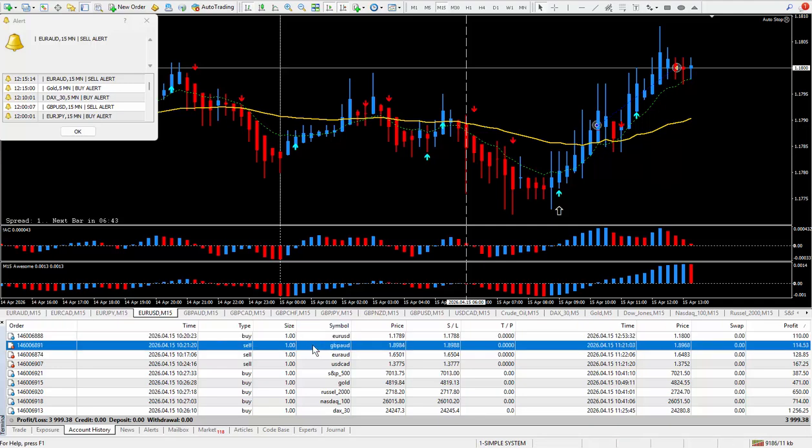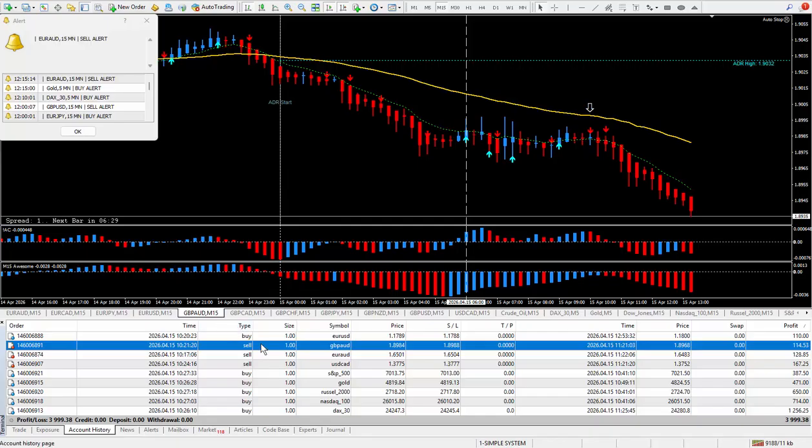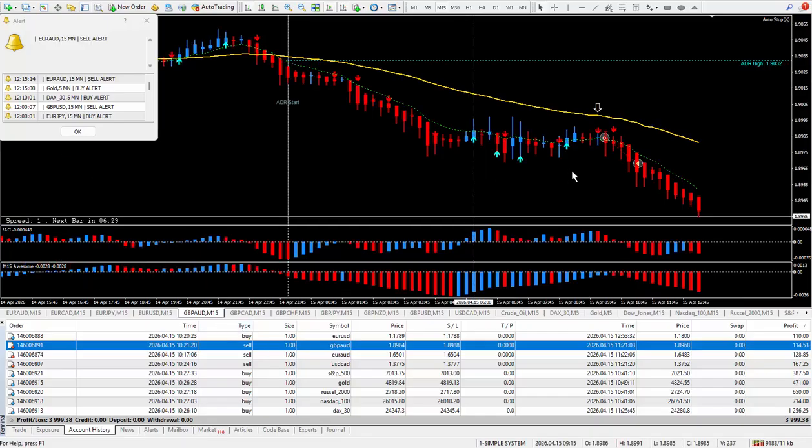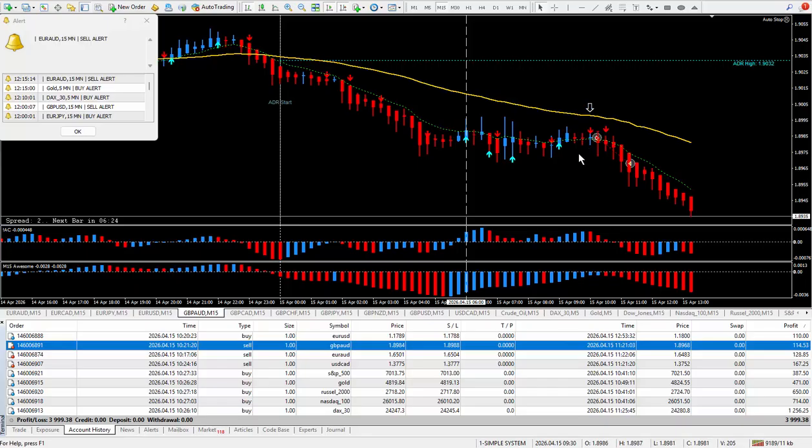Okay, let's move on to the next trade, which is the Pound Aussie. This one I sold, so we're going to drag and drop this up. Looking at the charts, well, it did qualify for a great way to trade. Got in at this point right here, closed it out there, continue to move its way down.